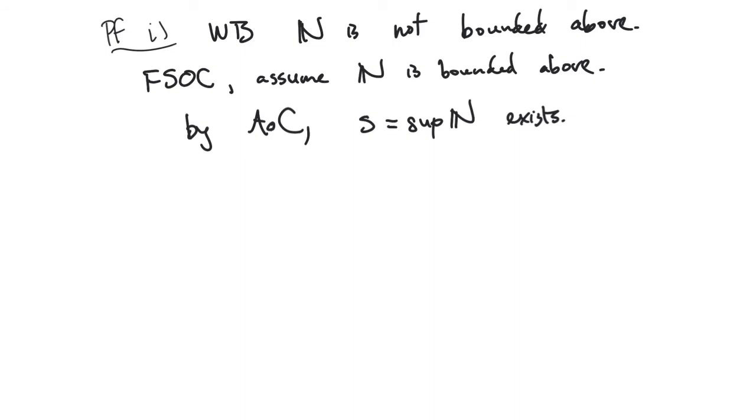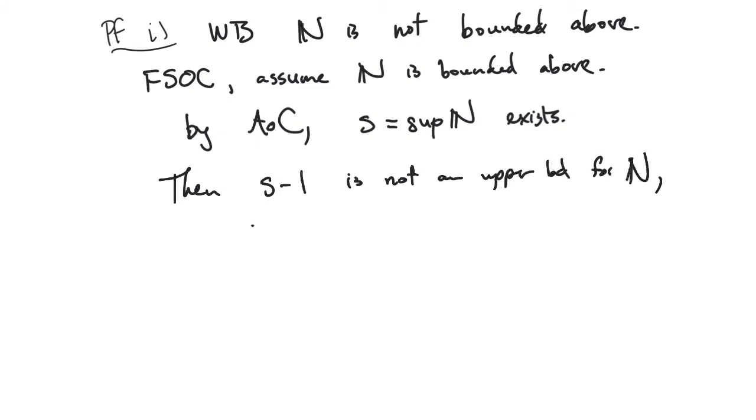So I'm going to say then S minus 1. S is supposed to be the least upper bound for the set of natural numbers. That means S minus 1 is not an upper bound for N. So that means there exists some number n such that S minus 1 is less than n, right?